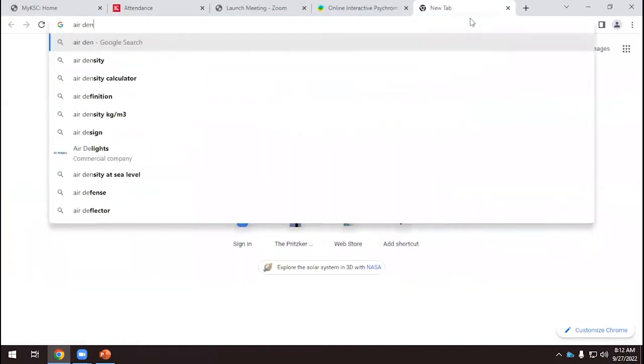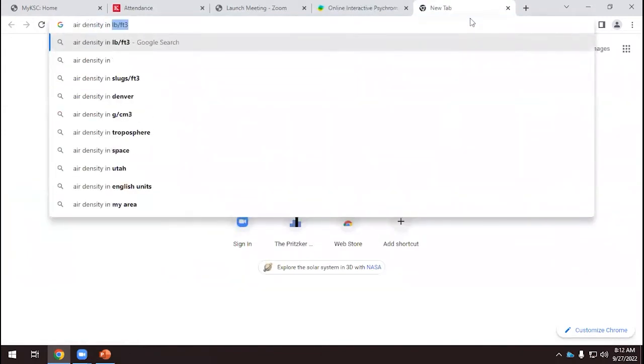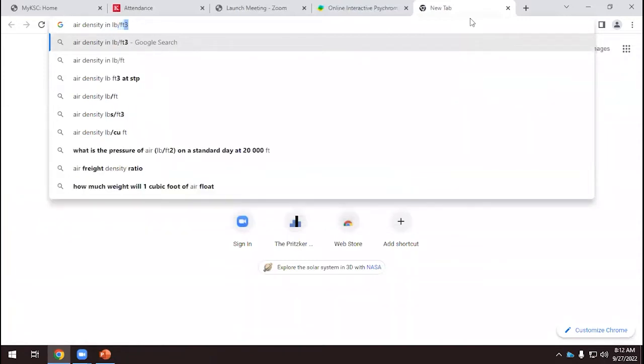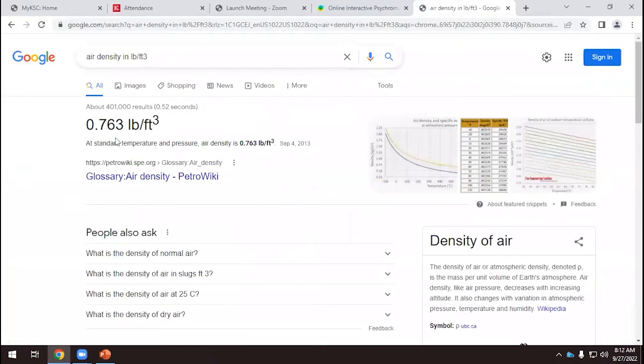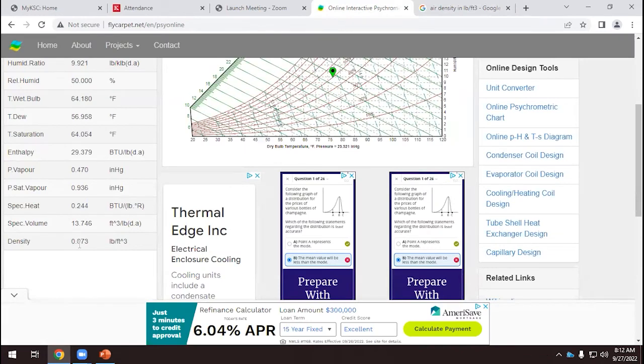If we look at air density in pounds per cubic feet, look at this: this is 0.7. I have found this. So that's wrong. These are not the units that we have to use, because it should be 0.07.